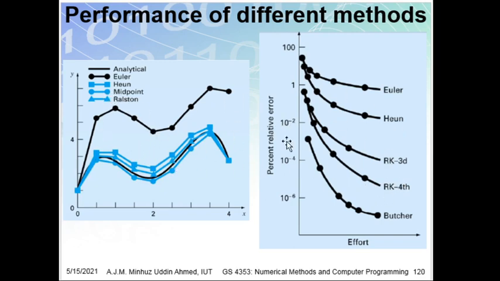There is a comparative analysis in the graphical sketch, as you can see, and the percent relative errors are also given, where we see that the Butcher method is likely the most efficient here, although the RK method is also efficient compared to Heun's method or the midpoint method.